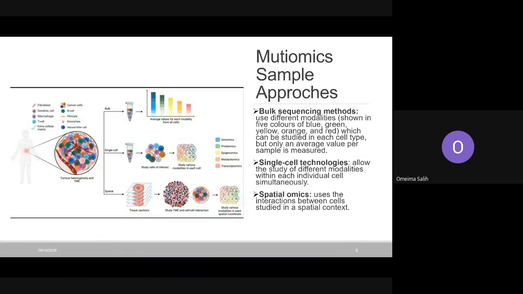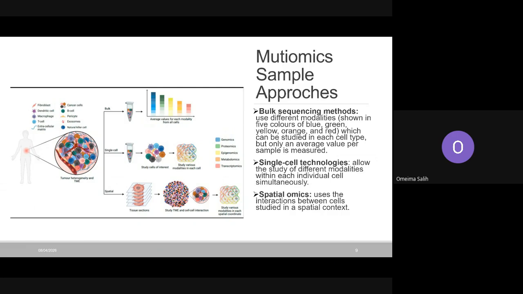Spatial, as I mentioned, uses the interaction between cells, and you are targeting a specific location within a tissue or a cell. That means you are targeting an organelle or maybe a cell membrane, or if it's a tissue, a certain location within the tissue.